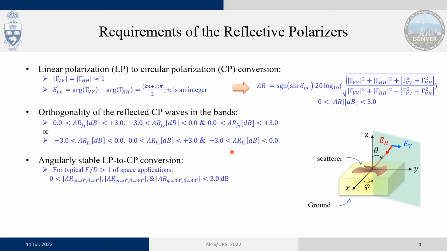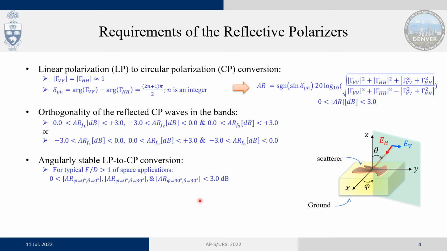The third one is that usually in wireless communications, these polarizers are spatially fed. And specifically for space applications, the typical value for the focal distance over the diameter of the reflector being more than 1, the meta-atom receives the incident field with normal incidence or oblique incidence up to and including 30 degrees.